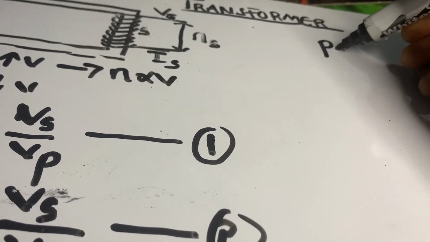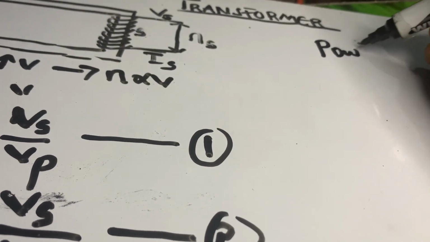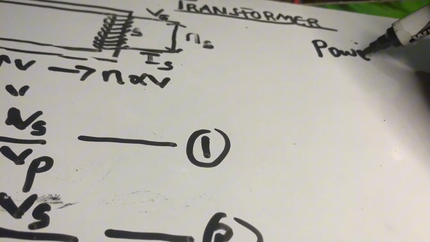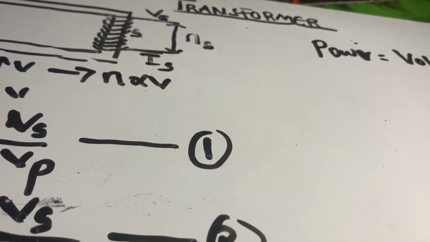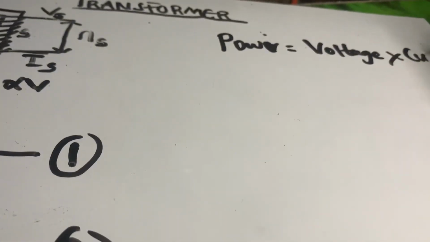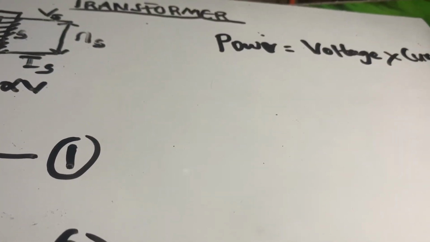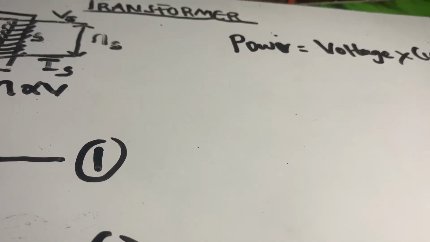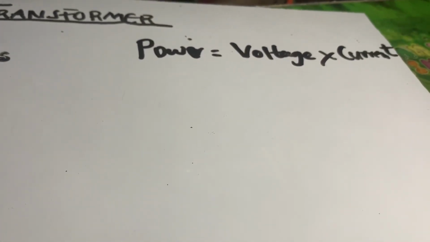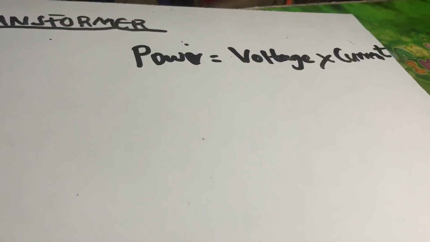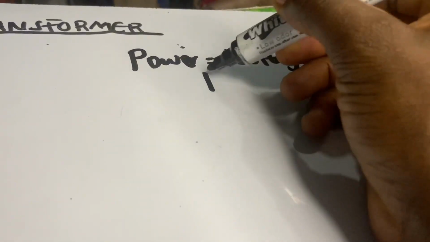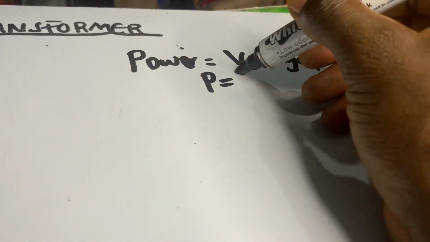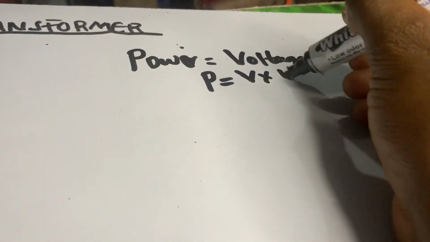Mathematically, power is equal to voltage times current. You know this basic equation.